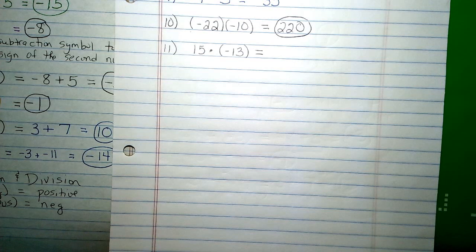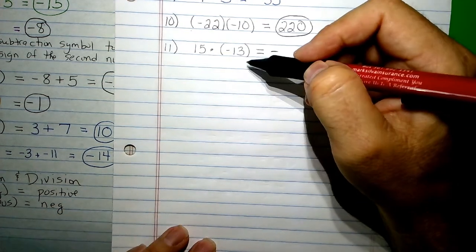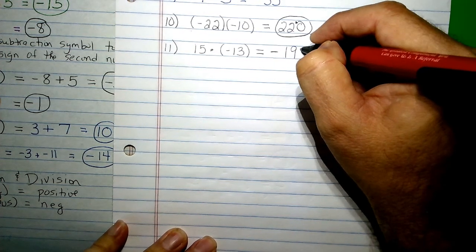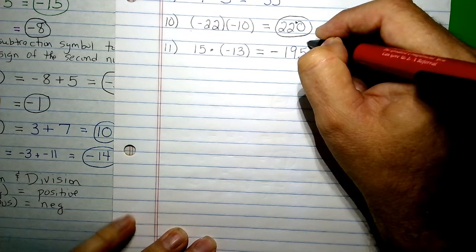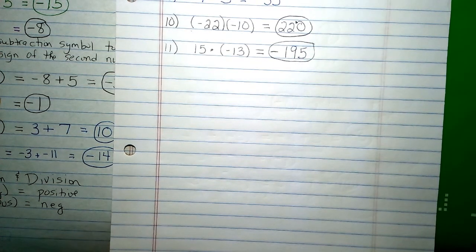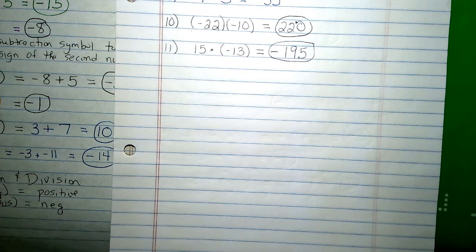Positive 15 times a negative 13 is what? Positive or negative? It is negative. And then 15 times 13, is that 195? If you doubt it, you might pull out your calculator and check it. But 15 times 13 is 195. Positive times negative is negative.